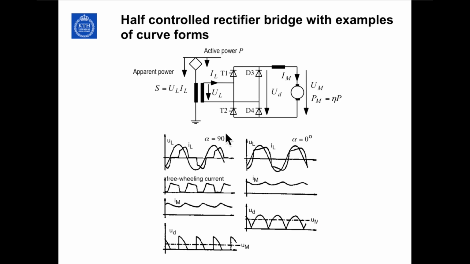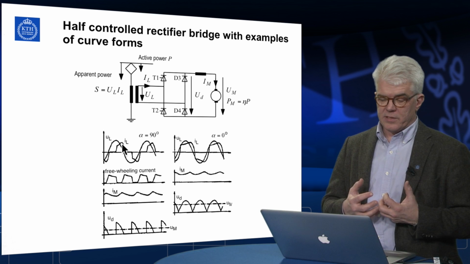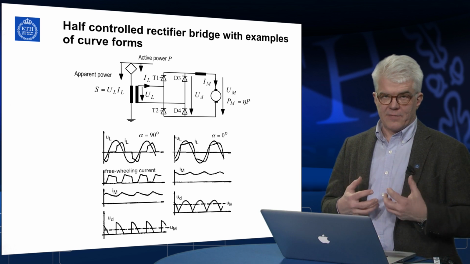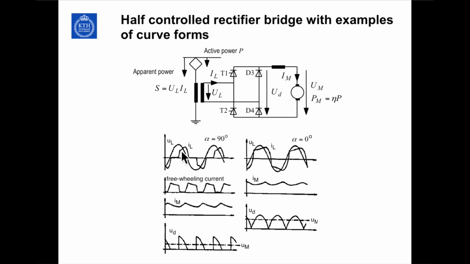This first is with alpha equal to 90 degrees. That is, we get more or less a pure inductive operation with hardly any kind of active power. As you can see here, we have the voltage and we have the current with roughly, not really, but almost, a 90 degree phase shift.